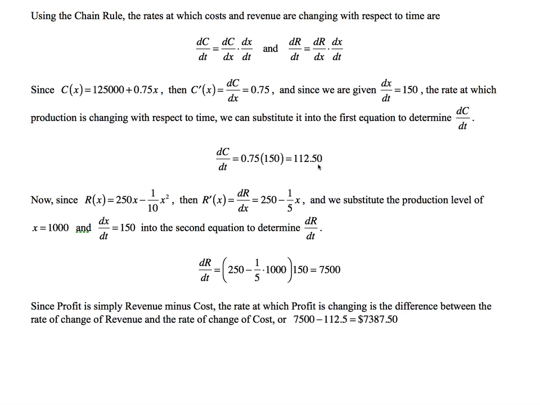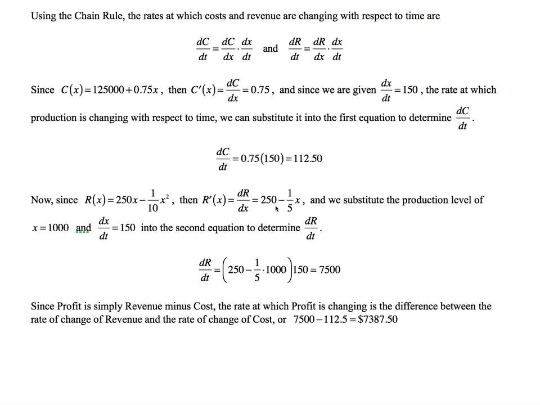Now for the revenue, that's another easy derivative. The first is a linear term, so we just bring along the coefficient, and to differentiate this term we bring the 2 out front. 2 over 10 is the same as 1/5, and we subtract 1 from the exponent.